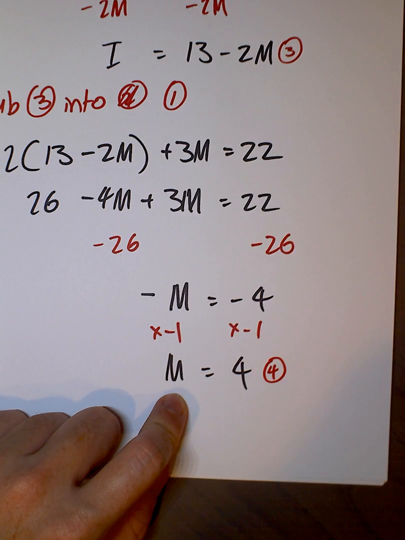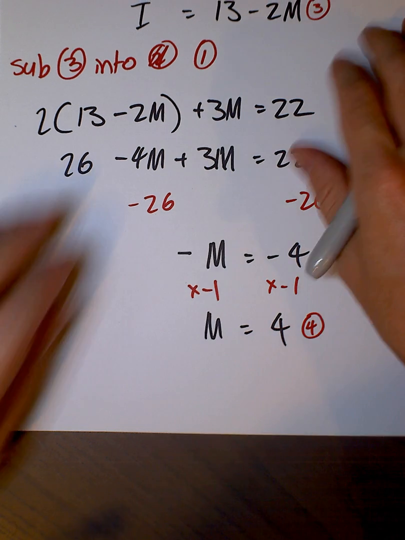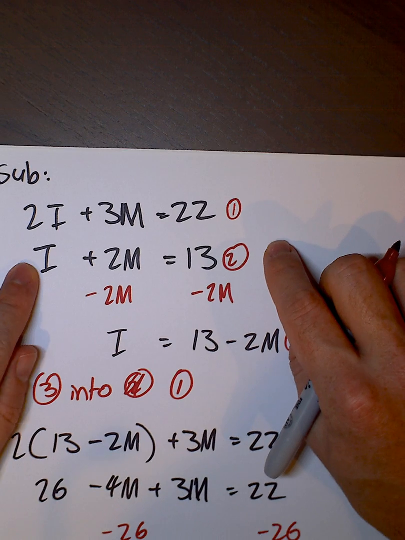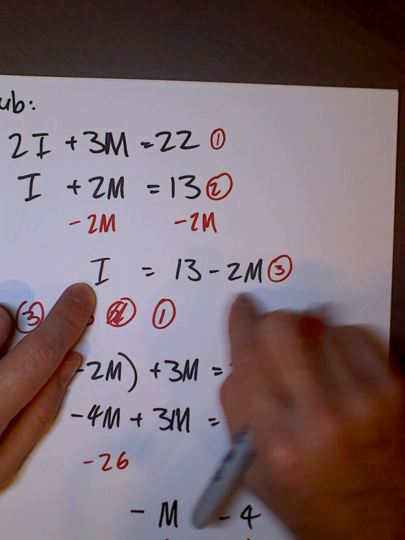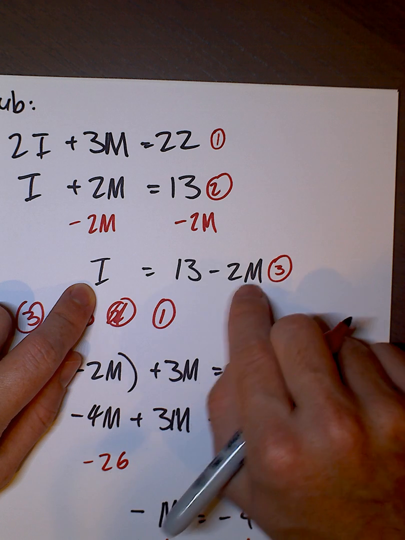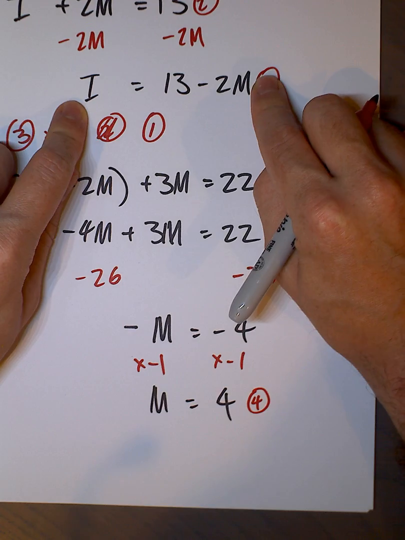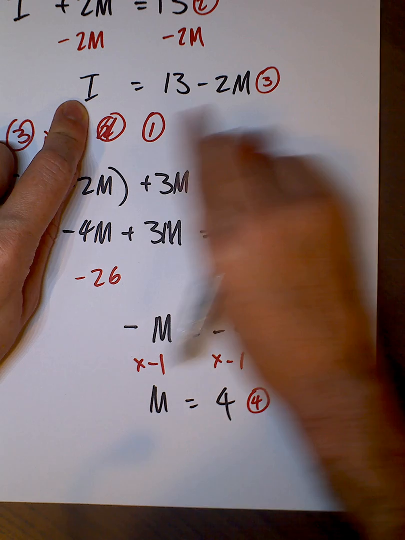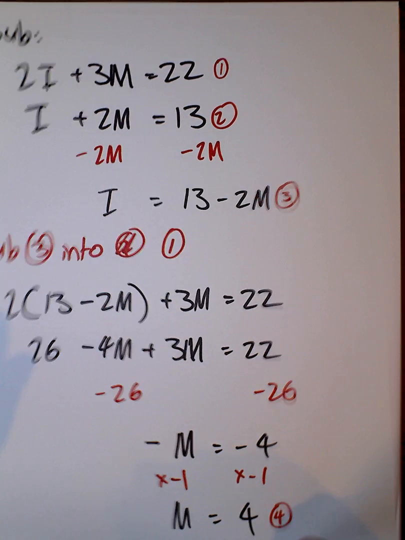This is equation 4. Now, I want to substitute this back into one of these equations. Now, actually, maybe even 3. If I substitute it into here, I equals 13 minus 2M, well, I'm going to sub the M part right into there, which is 4. And then I'll figure out what I is. So it'll tell me straight away. So, let's do another bit of paper here.